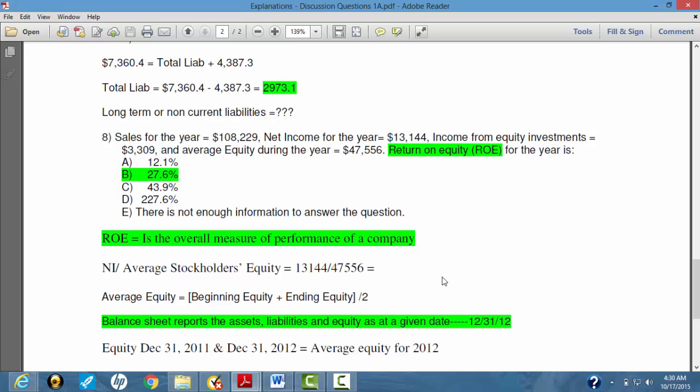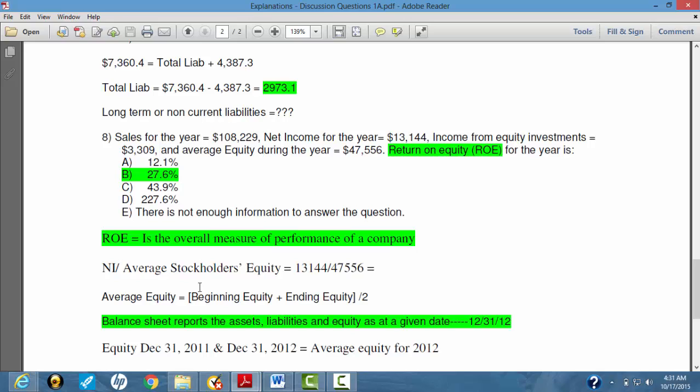And we calculate it by dividing net income by average shareholders' equity or stockholders' equity. So net income divided by average stockholders' equity gives us return on equity. And one way to remember the formula for return on equity is to first of all remember that the return according to the books or in accounting is a measure of profitability.